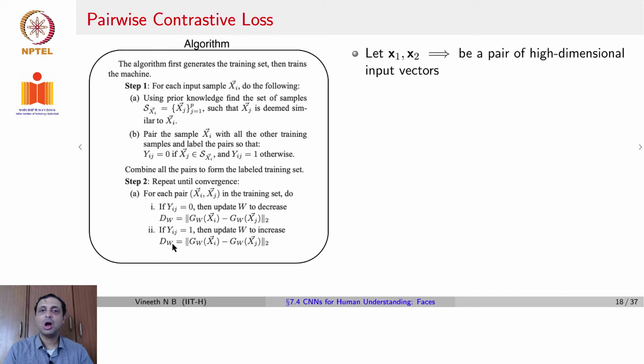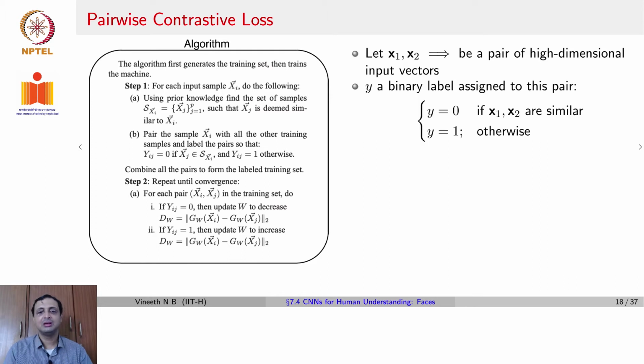Let's see now how this is done using a single loss function. So given x1 and x2 be a pair of high dimensional input vectors, let y be a binary label given to be 0 if x1 and x2 are similar and 1 otherwise.